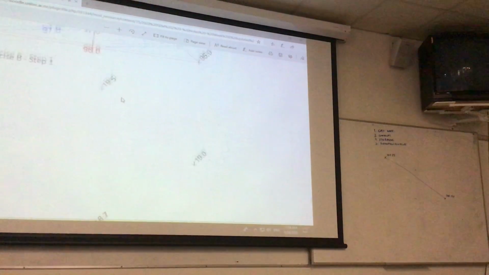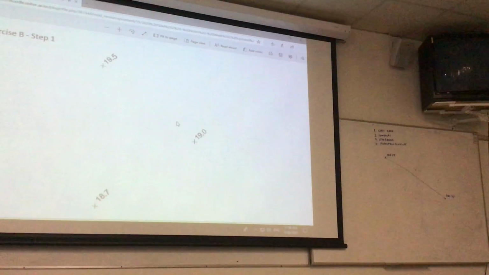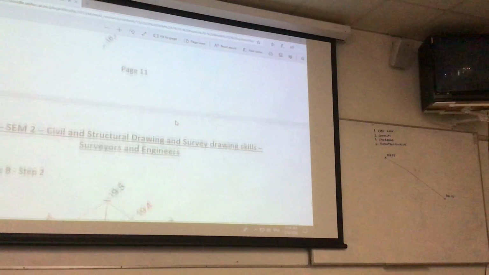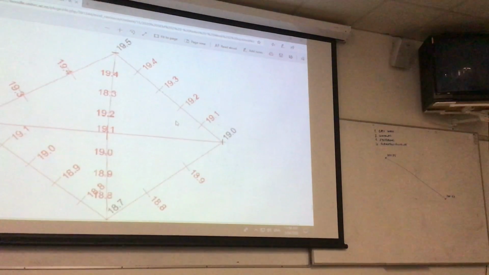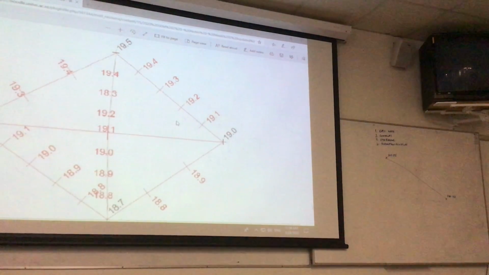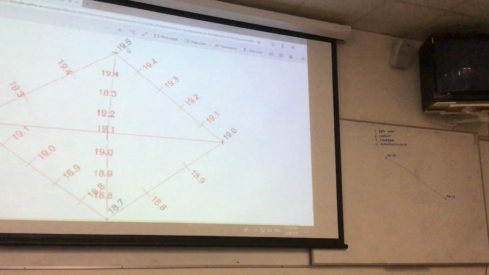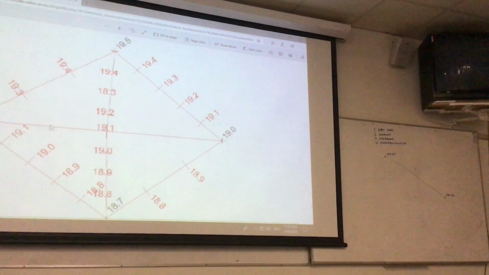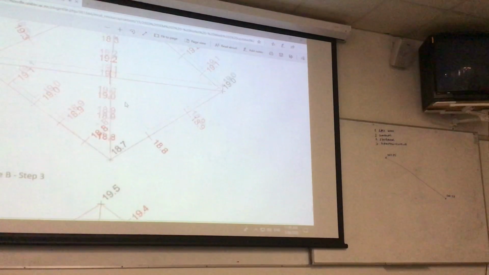Okay, so you can't just do point 2. It's too tricky to do it by eyeballing. So what we do is we do the point 1s, and then we do every second one. We do point 1s because that's easy to do, and between there and there is 3 of them, between there and there is 5 of them, between there and there is 3 of them, etc. And then of course, instead of doing every point 1, we just join up the point 2s.